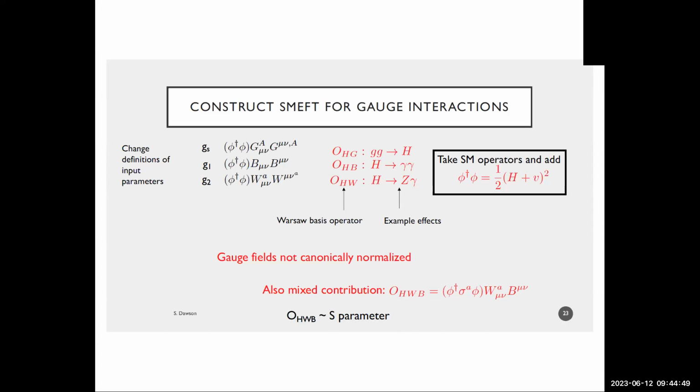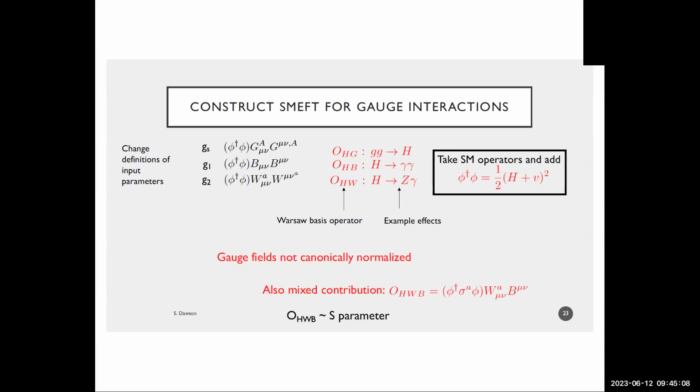The T parameter is just the rho parameter, and the S parameter essentially measures the running of the W 2-point function from the W mass to 0, so for Q squared of the W mass to Q squared of 0. This is something that's very well measured.